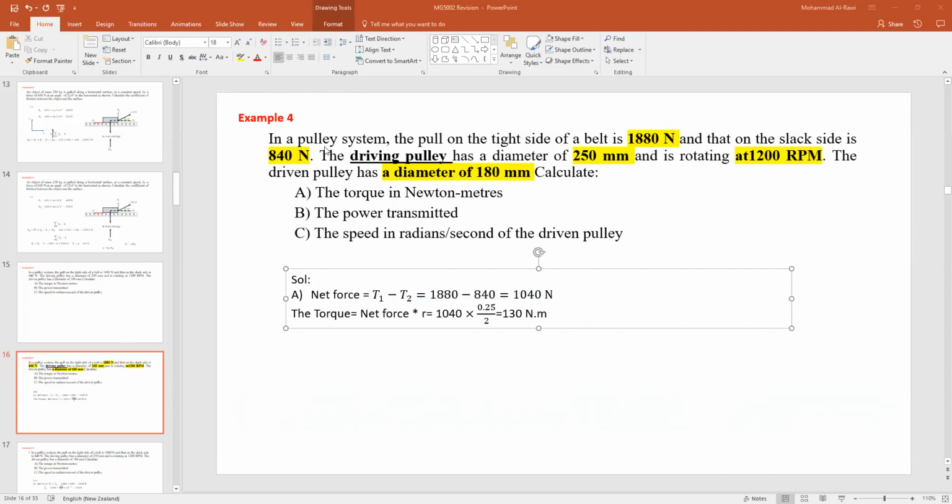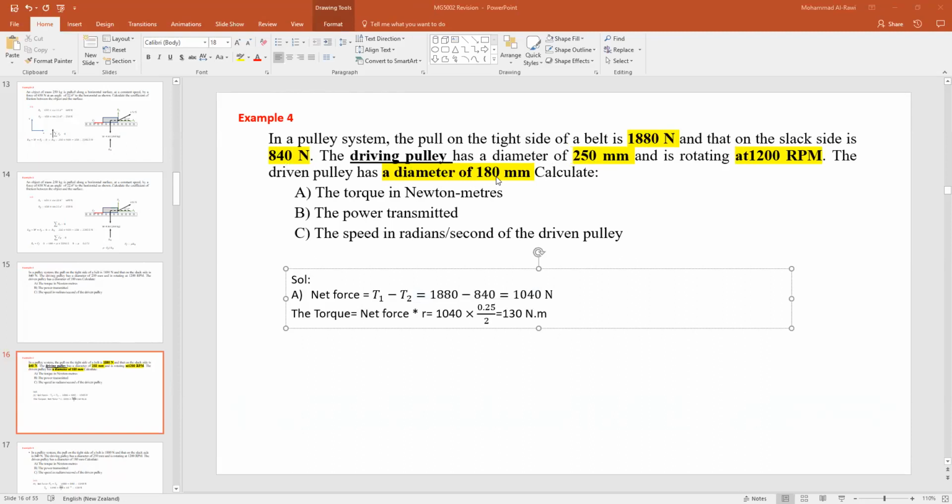You have a pulley system. The pull on the tight side of a belt is 1,880 newtons, and that on the slack side is 840 newtons. The driven pulley has a diameter of 250 millimeters and is rotating in that direction. The driving pulley has a diameter of 180 millimeters.